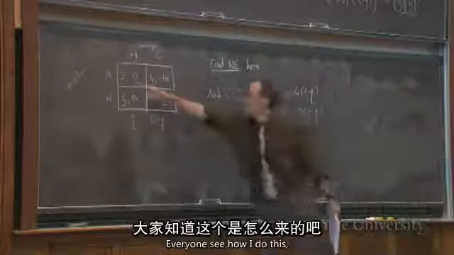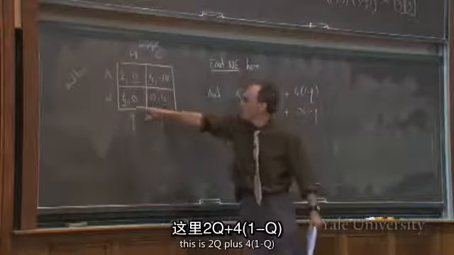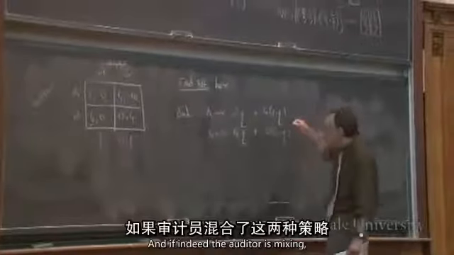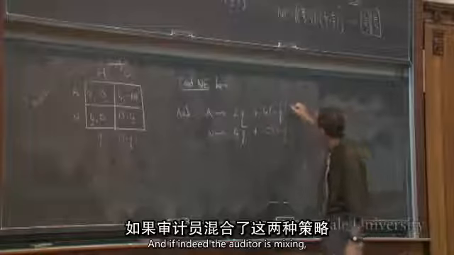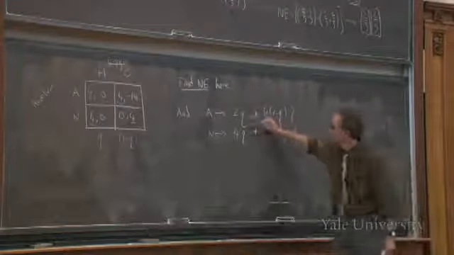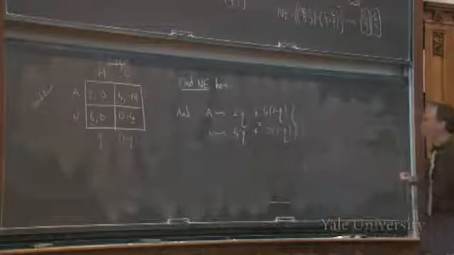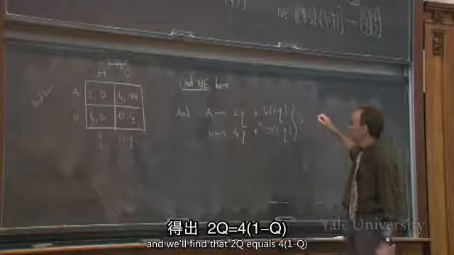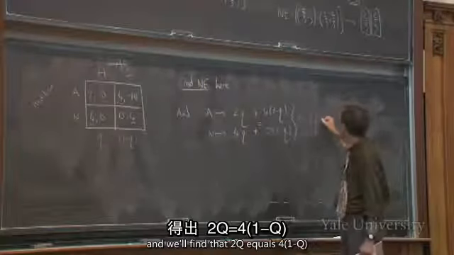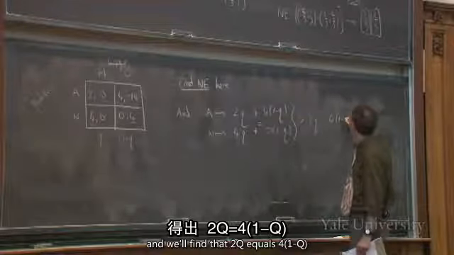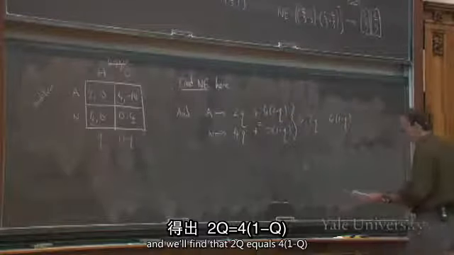All right, everyone see I did this? This is 2Q plus 4(1 minus Q). This is 4Q plus 0(1 minus Q). And if indeed the auditor is mixing, then these must be equal. And if they're equal, let's just do a little bit of algebra here, and we'll find that 2Q equals 4(1 minus Q).